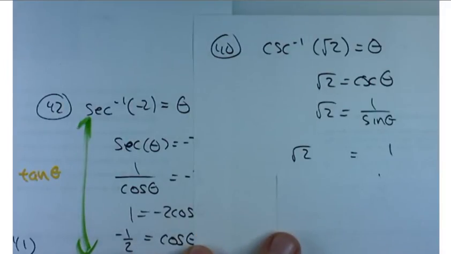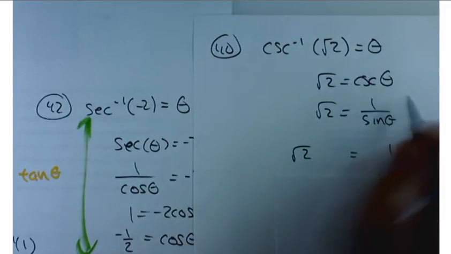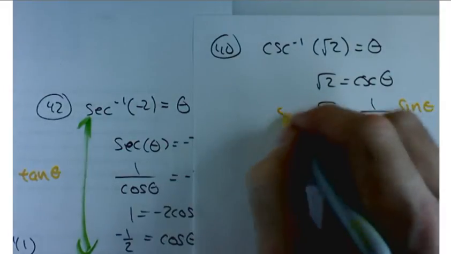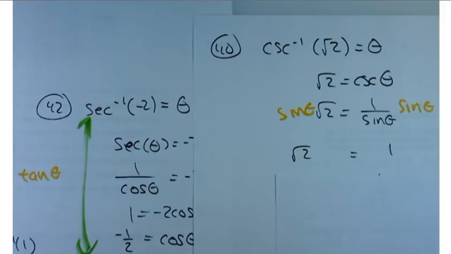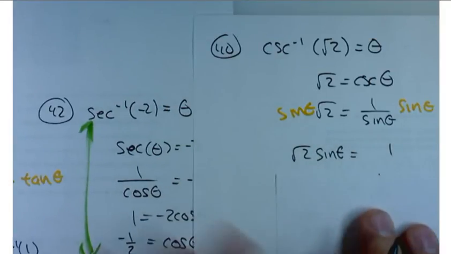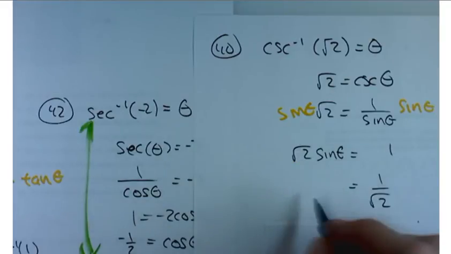So if I want to solve for sine of theta, I can multiply by sine of theta on both sides. So that gives me root 2 sine of theta equals 1. Divide by root 2.